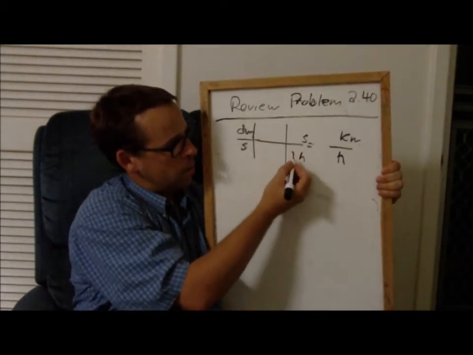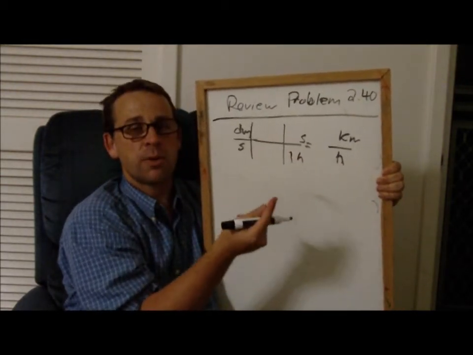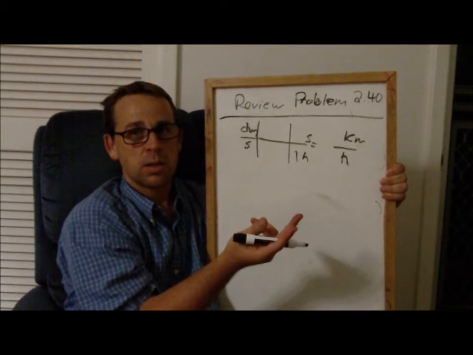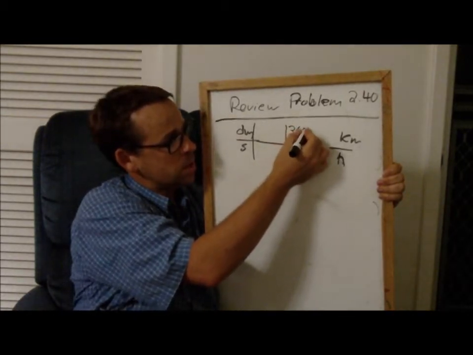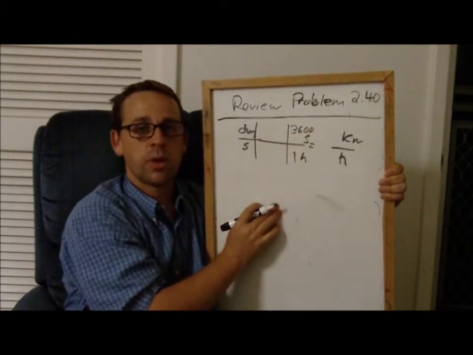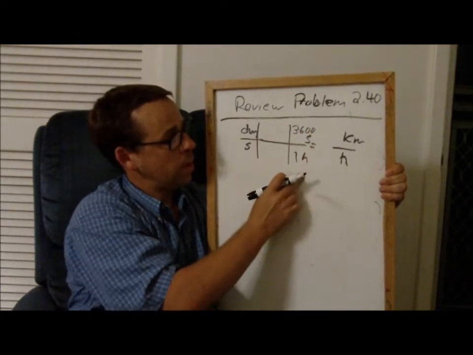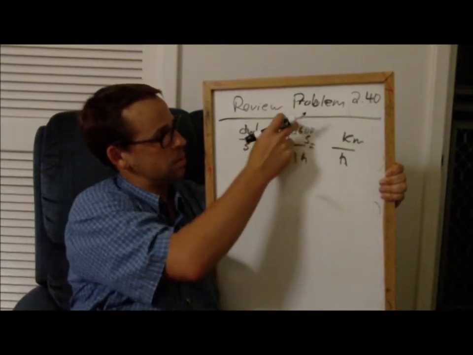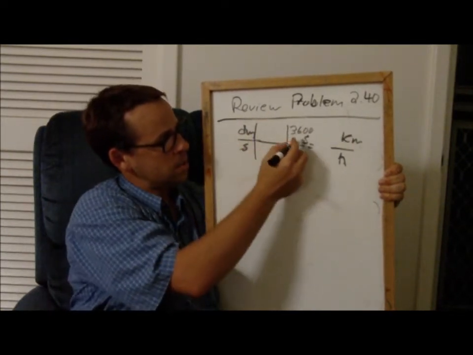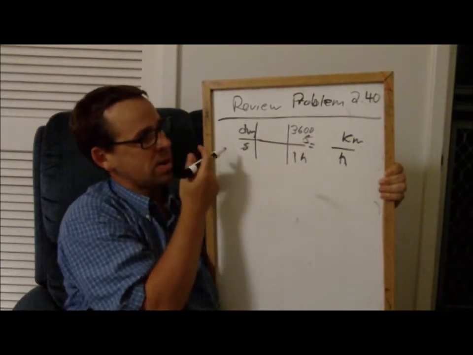For every 1 hour, there's 60 minutes, and for every minute, there's 60 seconds. So there's 60 times 60, which is 3,600 seconds for every hour. 1 hour has 3,600 seconds. So now this will cross out seconds and leave us with hours on the bottom.